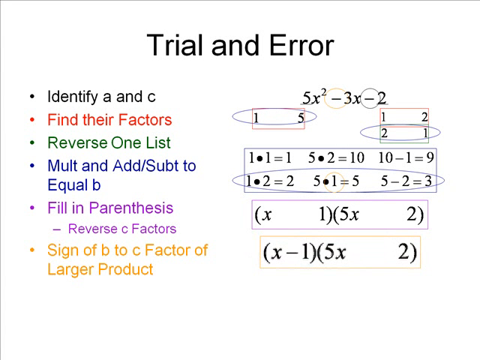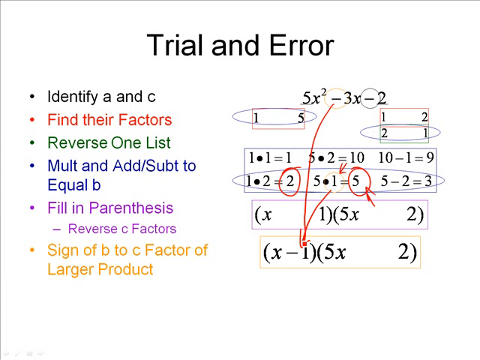Notice how complicated that sounds. The c factor of the larger product. Between 2 and 5, the products right here, 5 is the larger one, so we want the c factor, and notice I have it circled there, the c factor of the larger product is 1. That's what gets the same sign as the b.